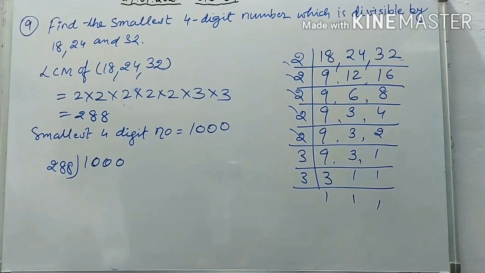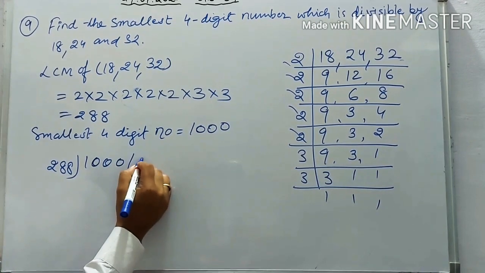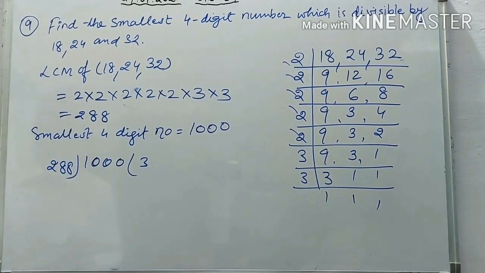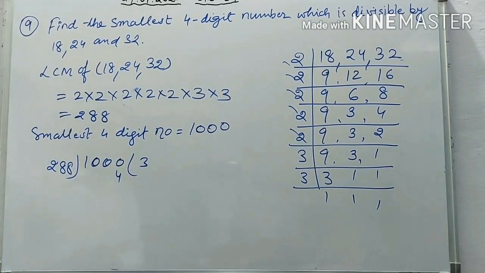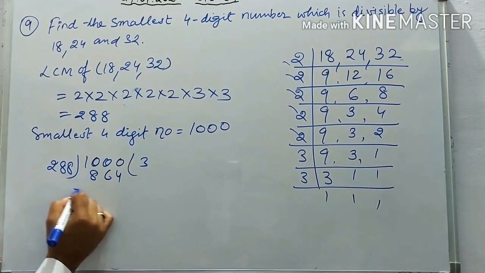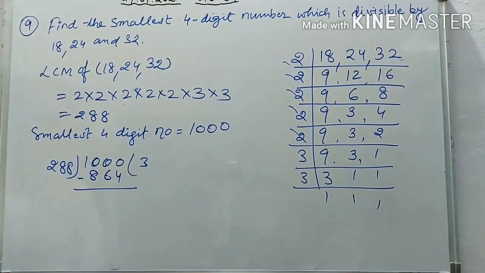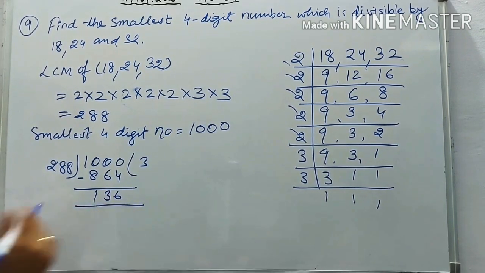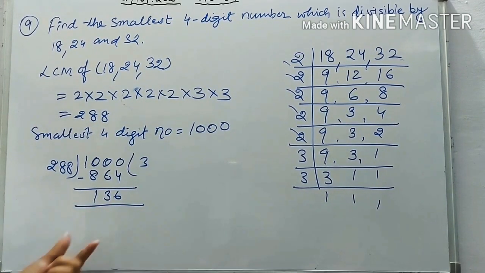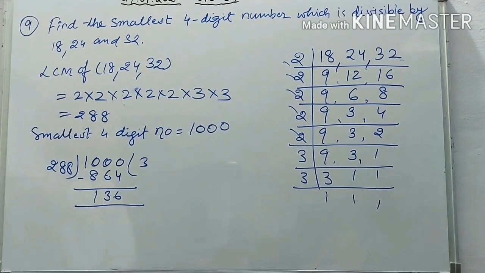It comes 3 times. 3 eights are 24, carry 2, 3 eights are 24 and 2 is 26. Okay, and 3 twos are 6, 7, 8. After subtraction it comes to 136. It means 136 is the remainder over the smallest 4-digit number.